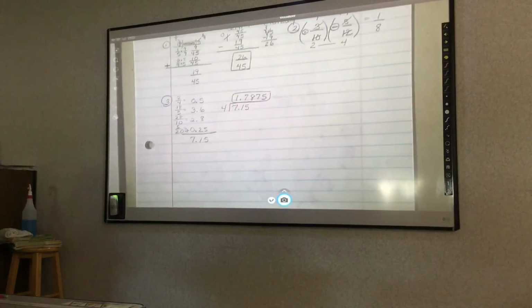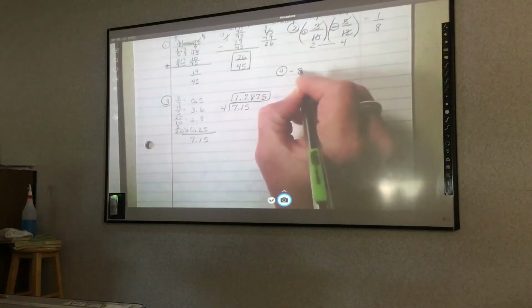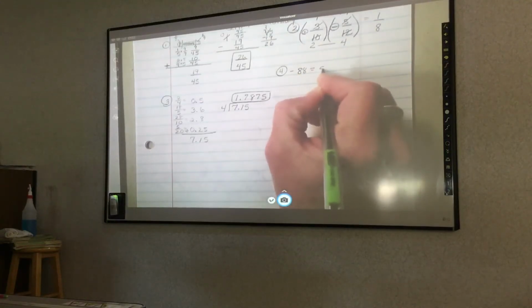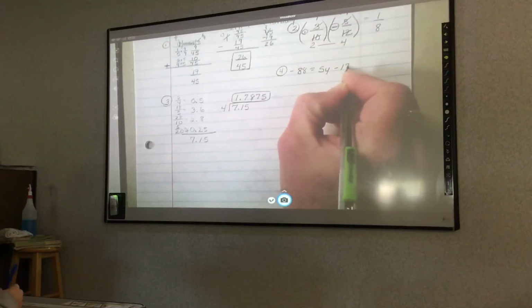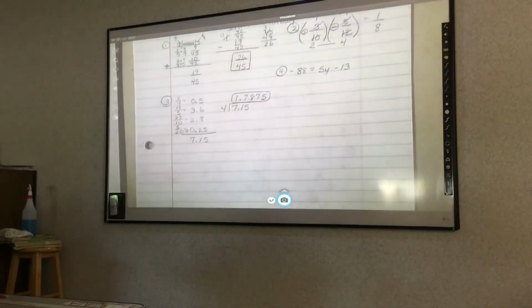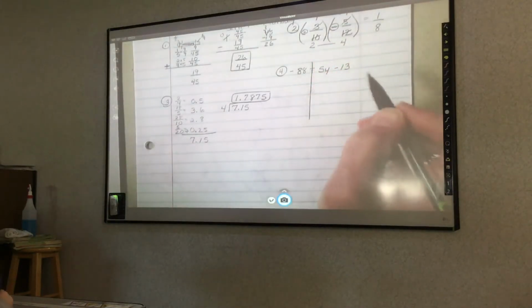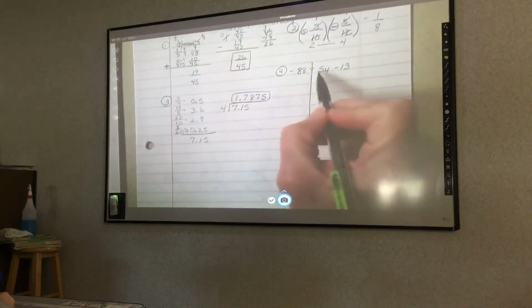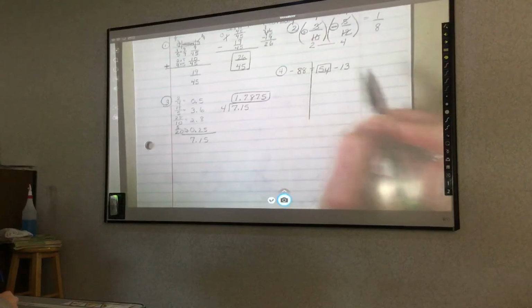Number 4, we just have to solve negative 88 equals 5y minus 13. This is like what we've seen several weeks now. Put a line through the equal sign. Box around the 5y, and how do I move what's not boxed in?